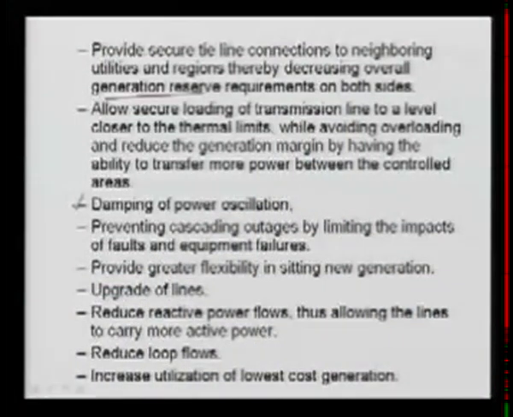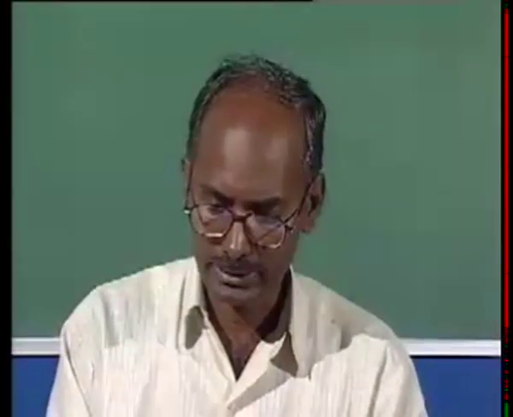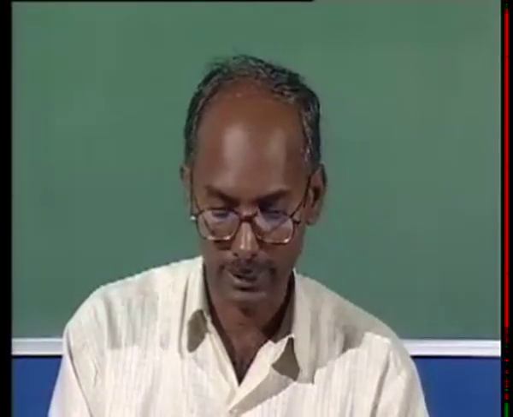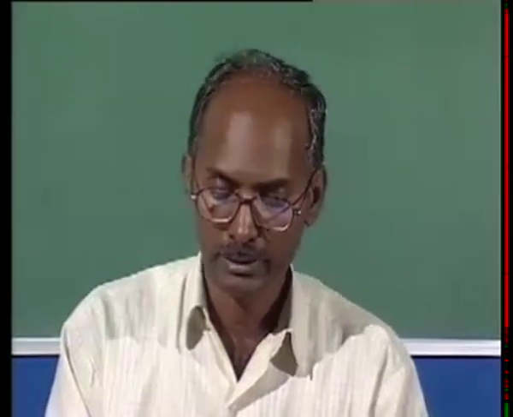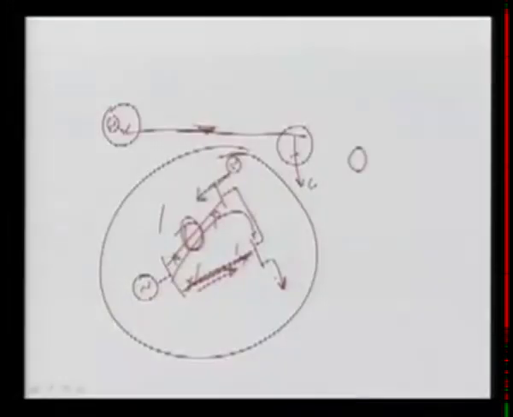Another opportunity that we can achieve with the help of FACTS controllers is that they can damp out the power system oscillations. Why the power system oscillations? In the power system, there are various types of faults. For example, if you have a generator, let's suppose a single machine infinite bus, here we have two lines, and this is your infinite bus.